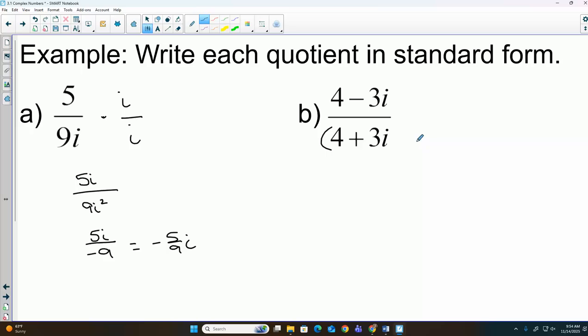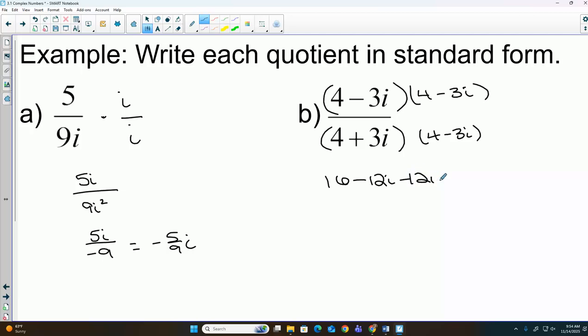B, the denominator has 2 terms, so what do we have to multiply by? Conjugate. It's the conjugate of the bottom, so 4 minus 3i. You have to FOIL, so on top you get 16 minus 12i minus 12i plus 9i squared. On the bottom, you get 16 minus 12i and plus 12i, or you might have already recognized those would cancel.